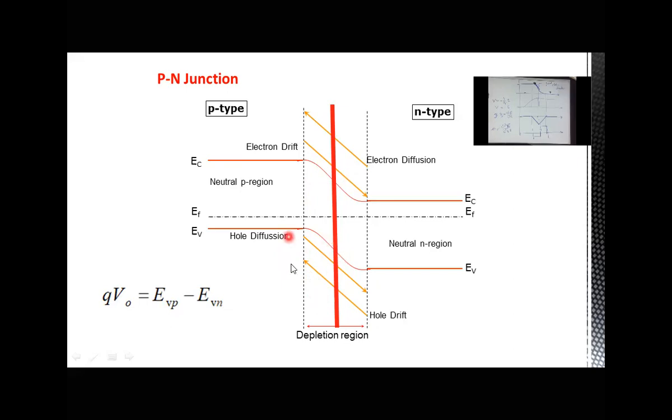So Na multiplied by Q, the charge of one unit charge, multiplied by the volume of this portion, which is XP times A. XP is the distance and A is the area. And to calculate the overall total charge in the other region, it's XN times A times Q times ND.